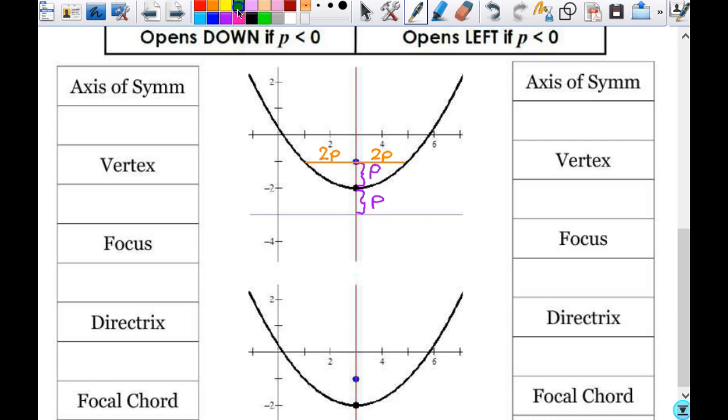So this whole segment here is called the focal chord, or latus rectum. Focal chord or latus rectum.